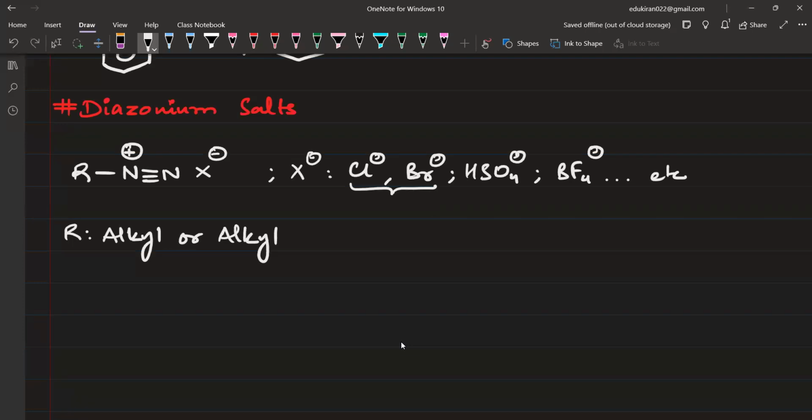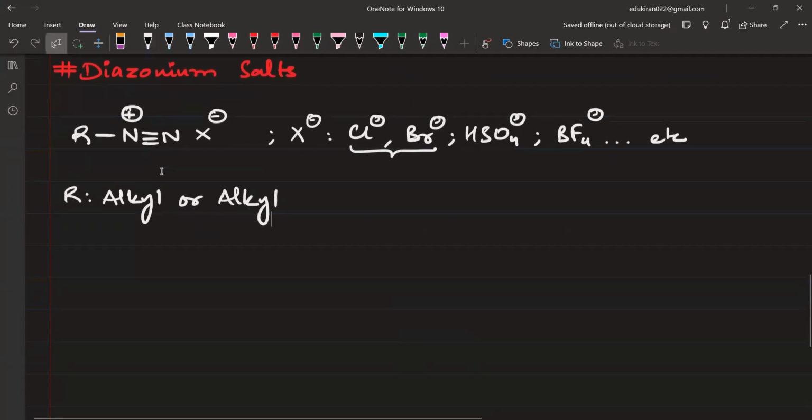Both of these are diazonium salts, but the alkyl is very unstable and it reacts with moisture, the presence of water with a bit of heat, even at room temperature, and it gives alcohol.